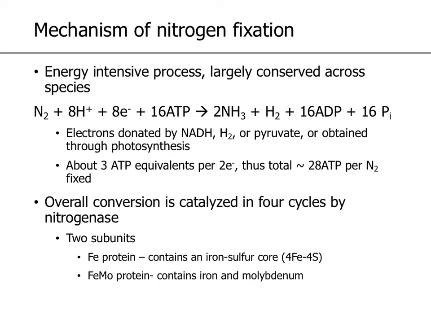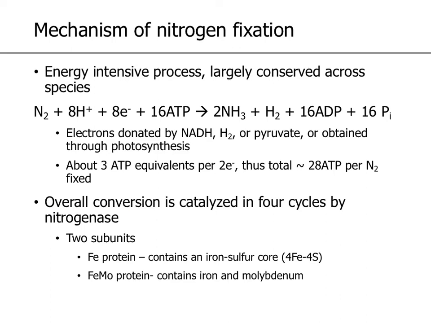So that also is a form of energy to the cell. So electrons are donated by NADH, H2, or pyruvate, or sometimes they can be obtained through photosynthesis. So it's about 3 ATP equivalents per 2 electrons, so a total of about 28 ATP per nitrogen fixed. So this is a lot of energy for these cells that can do this.